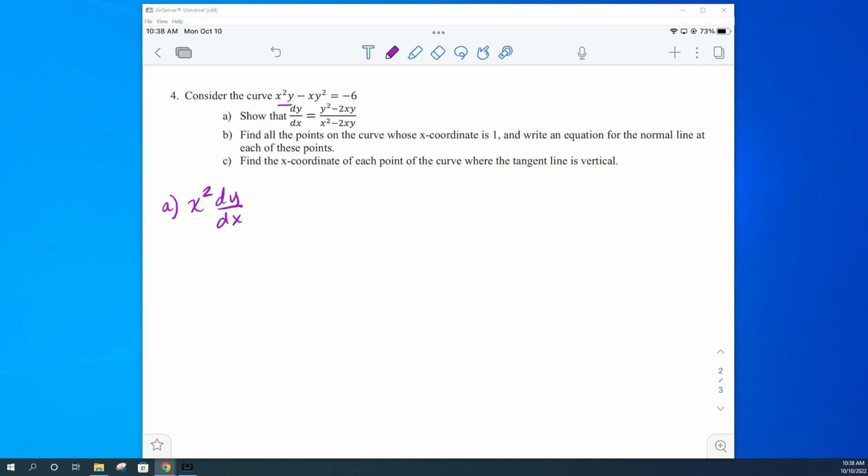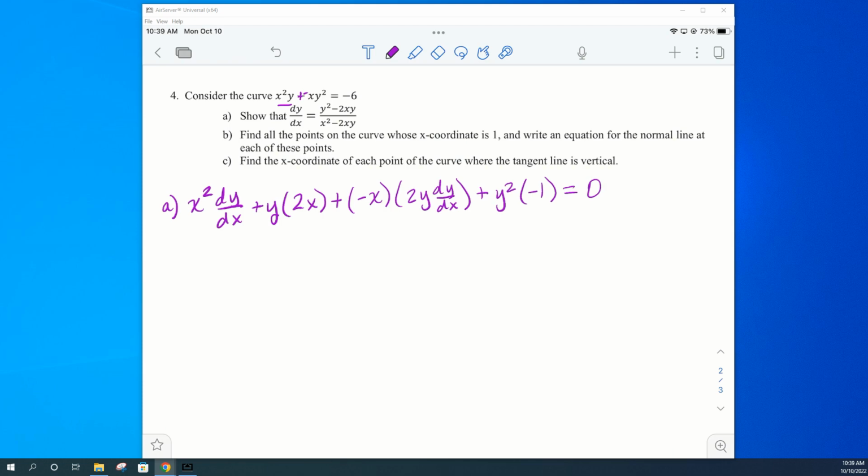I'm doing product rule on that: first times the derivative of the second plus the second times the derivative of the first, minus, again, that whole minus, you can put parentheses. I'm going to put plus and put that negative with the x. So I have plus first, negative x, times the derivative of the second, 2y dy/dx, plus the second times the derivative of the first, which is -1, is equal to 0.